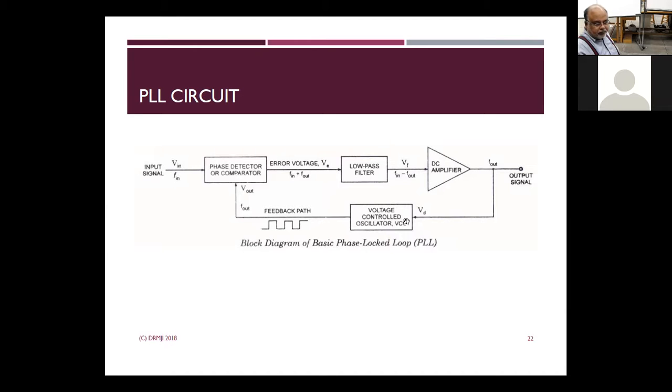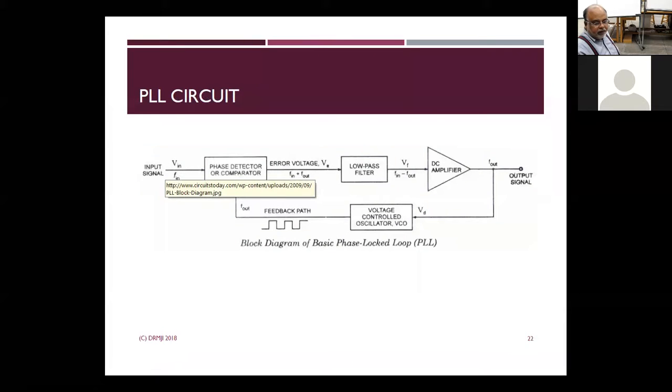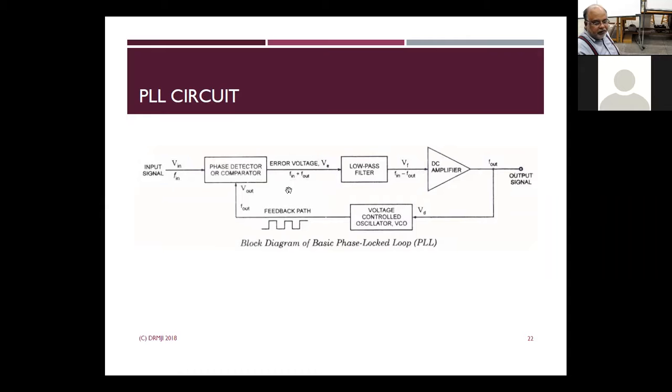What it does is that first it matches the phase of this output to the phase of this input. So if there is a difference, there will be an error voltage here. And that error voltage is amplified and then goes through the VCO.